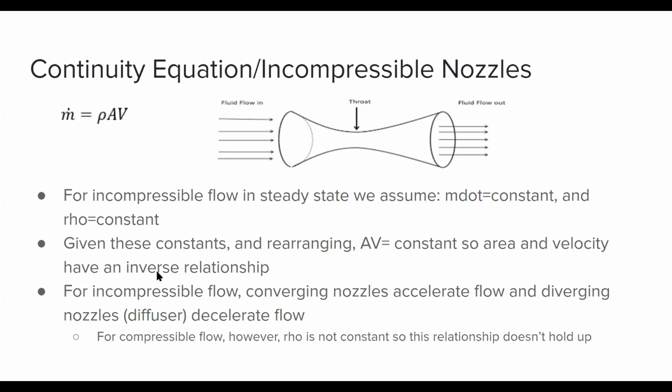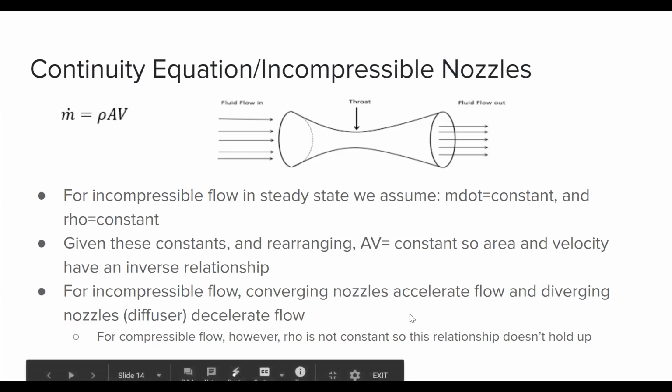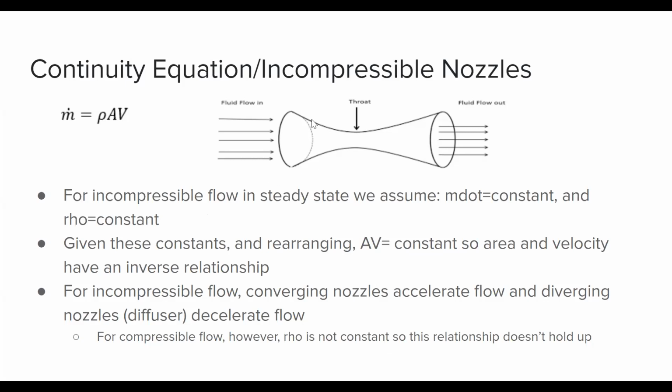That means that with incompressible flow, the cross-sectional area and velocity have an inverse relationship. If area increases, velocity has to decrease. If area decreases, the velocity will increase. So that's why, as I said before, in a converging nozzle with incompressible fluids, the flow will accelerate, and in the diverging section, it will slow back down. But this is just for incompressible flow.